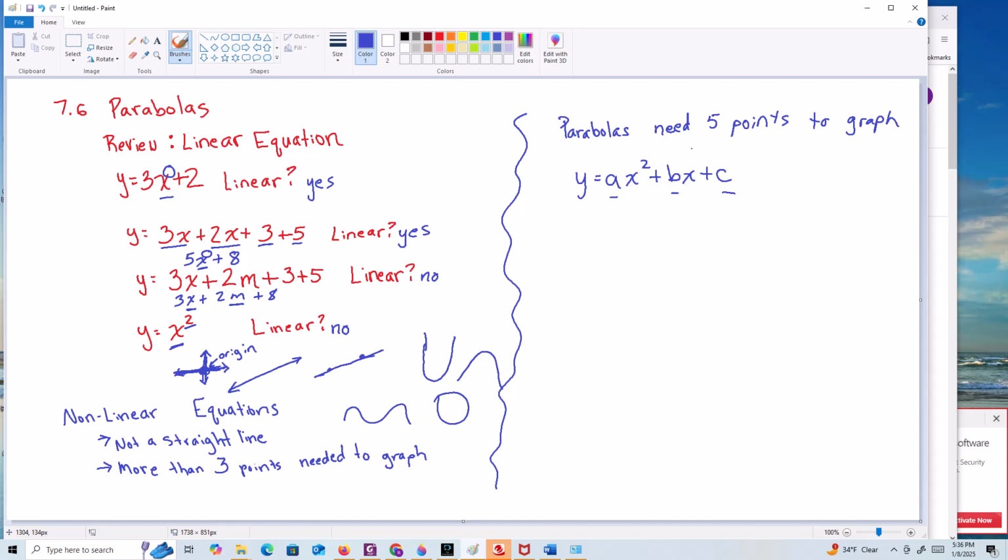So we only have one variable, the x, but one of the x's has a 2 exponent and the other has a 1. So it's not linear because of the exponents.